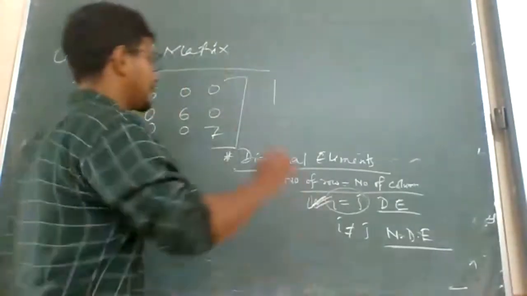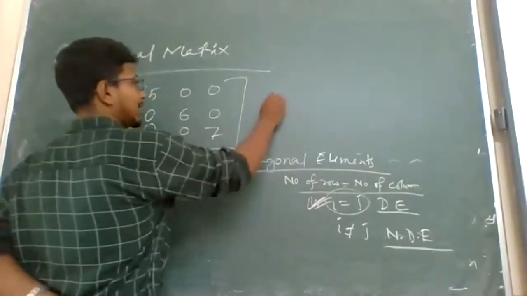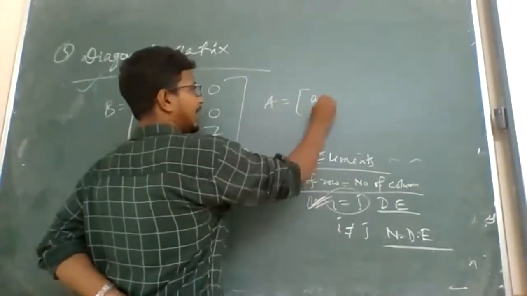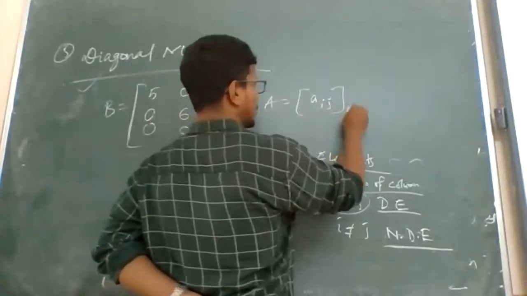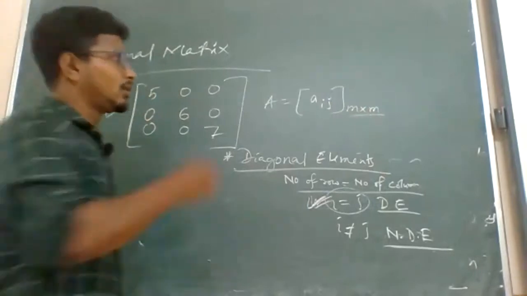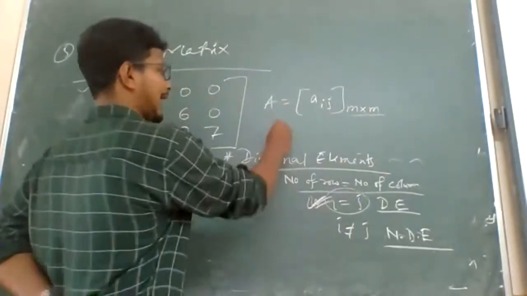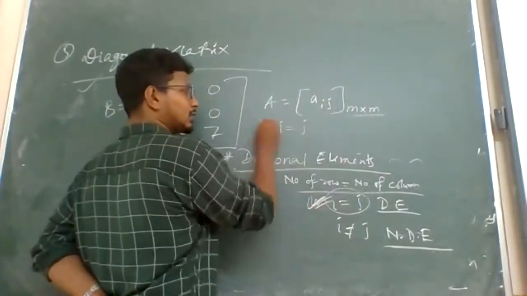Here the general representation is like this. A matrix, if I write Aij, the order is m by m only, because it is a square matrix, or order m or whatever you write.